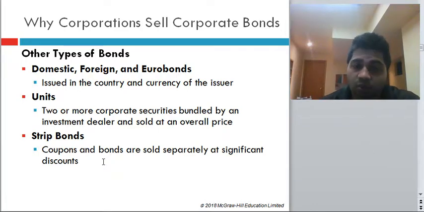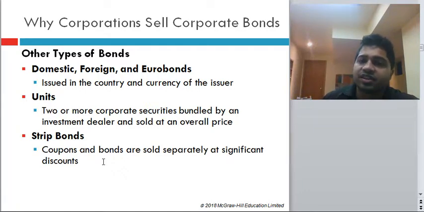Then there are other types of bonds, for example domestic, foreign and euro bonds. A domestic bond is a Canadian company issuing bonds in Canada in Canadian dollars. But if a Canadian company goes to the United States and issues bonds in American dollars, that becomes a foreign bond. And when a Canadian company goes to the United States and issues bonds in euros, that becomes a euro bond.